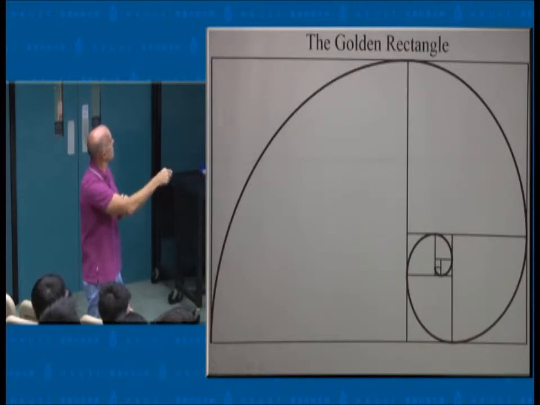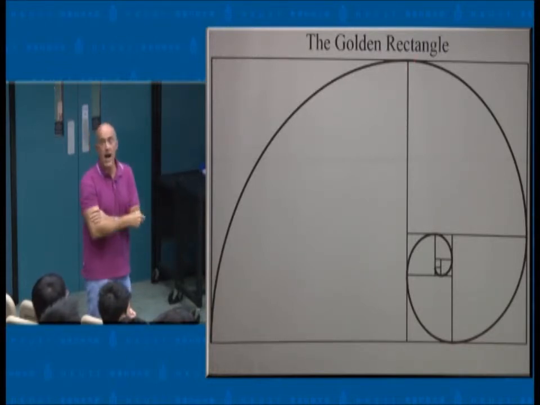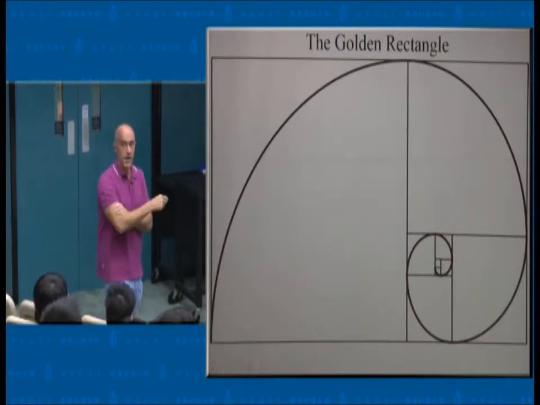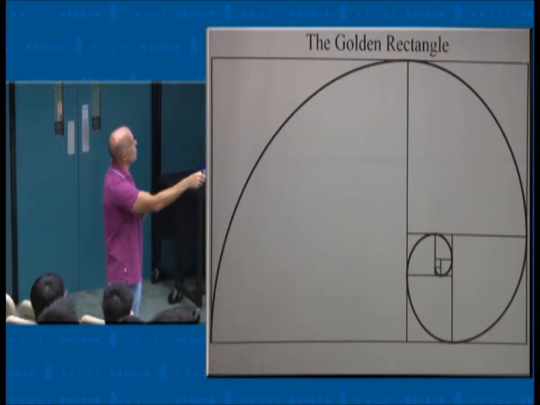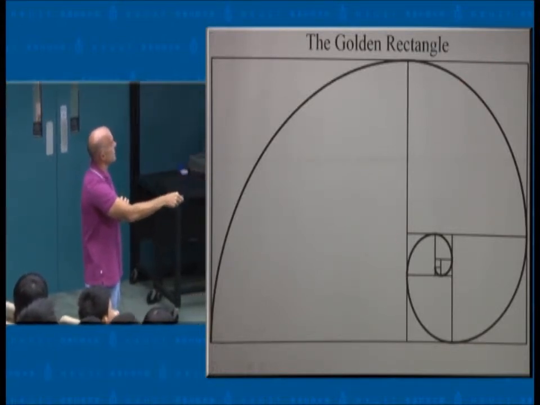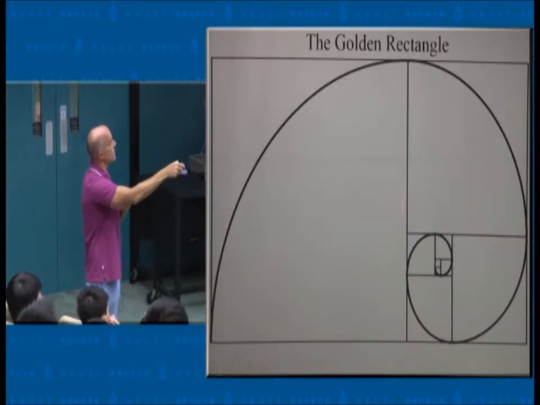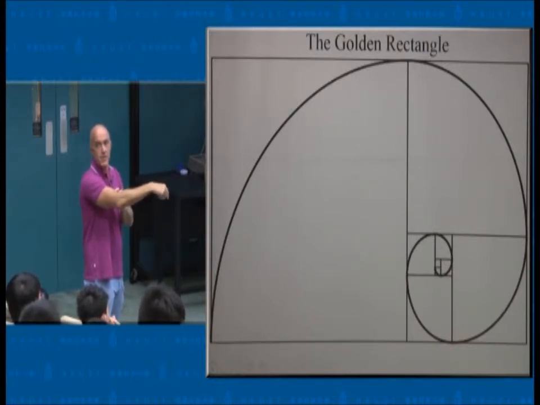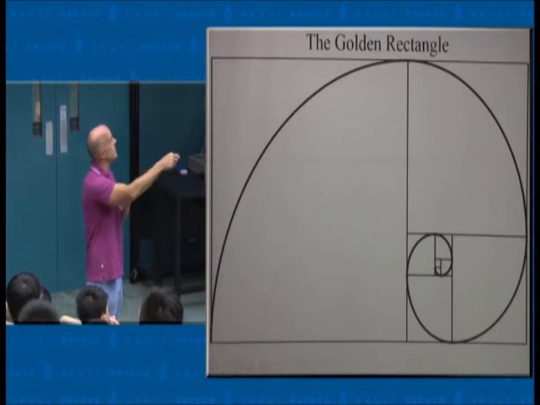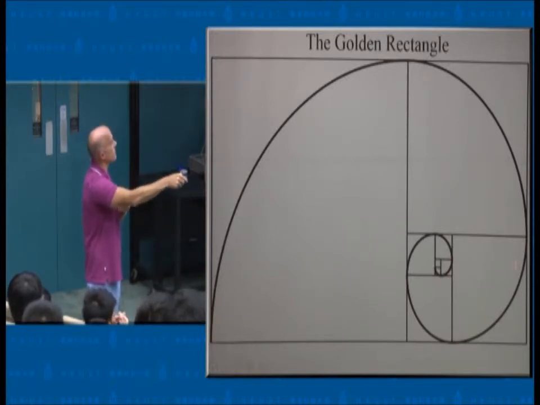Here's a square, so this is 1, but phi is equal to 1 plus 1 over phi, so this is 1 over phi. This height is 1, so this is 1 to 1 over phi, or if you multiply both by phi, this is 1 to phi. 1 to 1 over phi is the same thing as phi to 1, so this is also a golden rectangle.